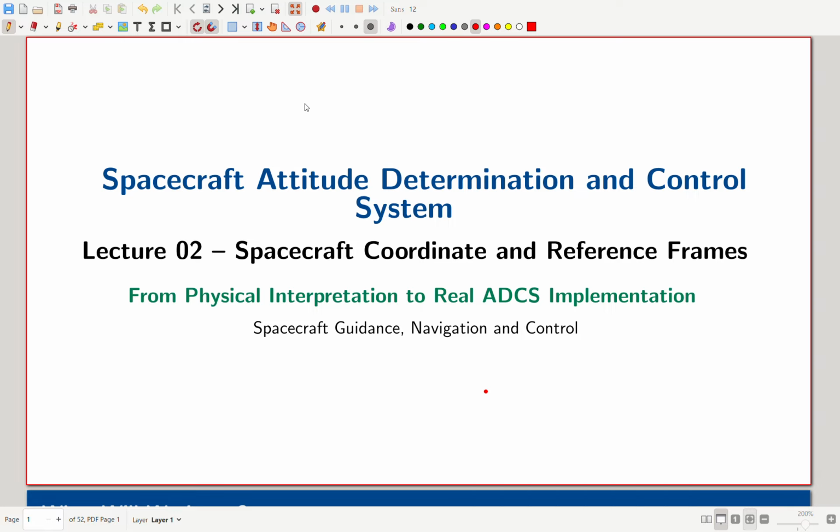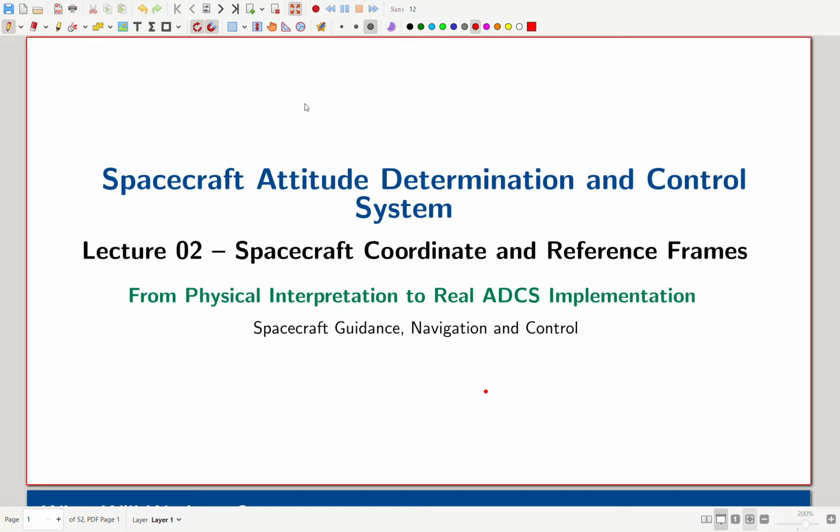Hope you understood. Since we know that ADCS, the name itself tells us, is attitude determination and control system, it basically tells about orientation. In space, we want orientation.